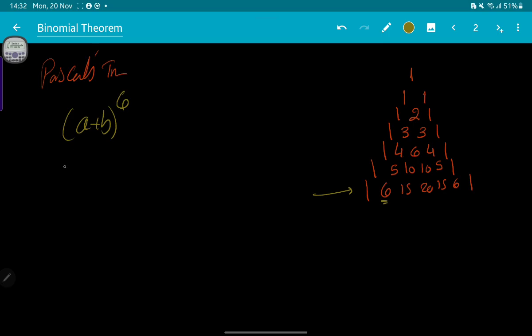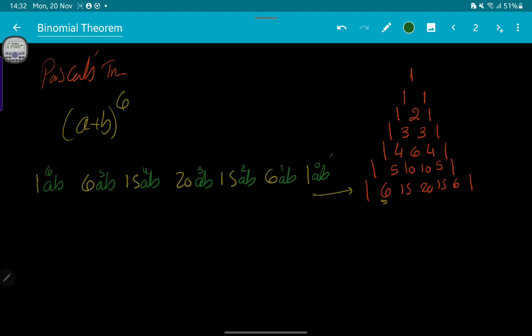Now put the coefficients 1, 6, 15, 20, 15, 6, 1. Then put the two terms a and b. Put the powers. This is power 6, 5, 4, 3, 2, 1, 0.